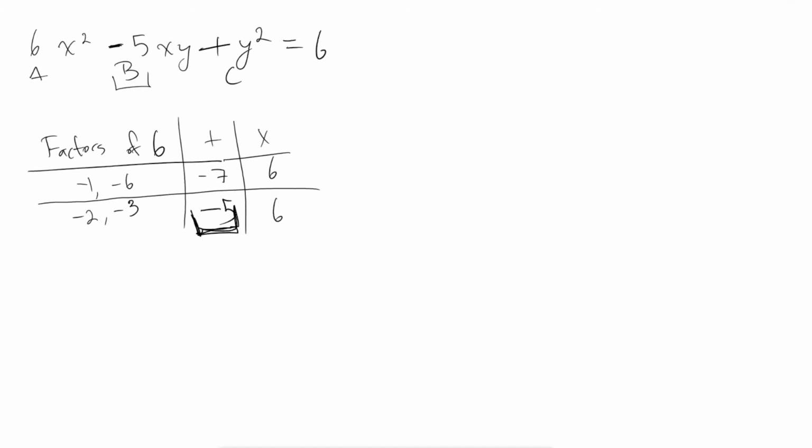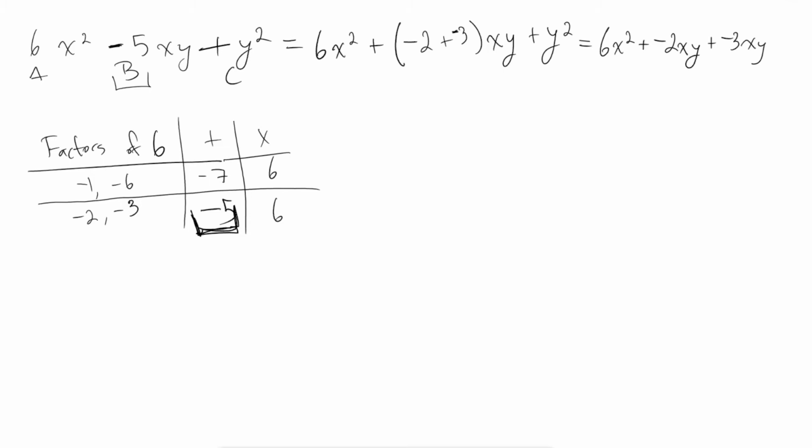So this is the same as 6x squared plus negative 2 plus negative 3 xy plus y squared, which is the same, if I write it out again, as 6x squared plus negative 2 times xy gives me negative 2xy, plus negative 3xy, plus y squared.